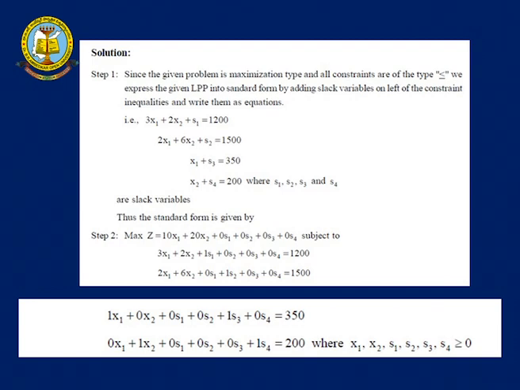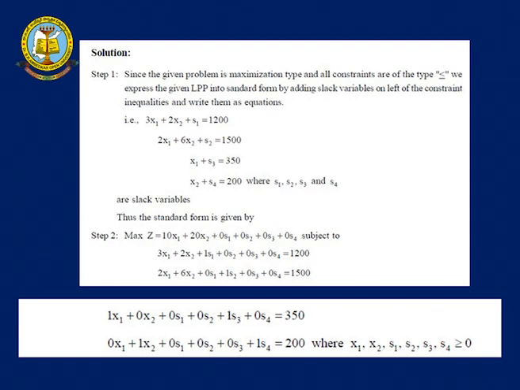Before introducing slack variables we have only two variables, x1 and x2, but after introducing them it becomes 2 plus 4, that is 6 variables: x1, x2 and s1, s2, s3, s4. Write this into the objective function: 10x1 plus 20x2 plus 0 into s1 plus 0 into s2 plus 0 into s3 plus 0 into s4.